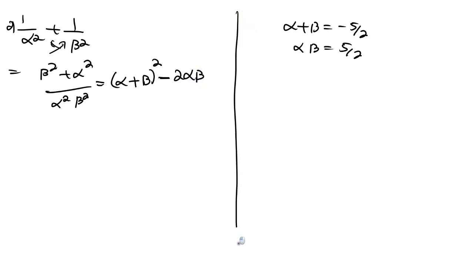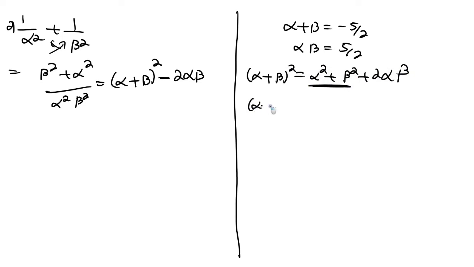In the previous problem also we saw this. Alpha plus beta whole square formula is alpha square plus beta square plus 2 alpha into beta. We want only alpha square plus beta square, so it can be written as alpha plus beta whole square minus 2 into alpha into beta.